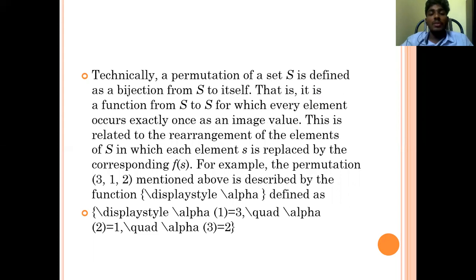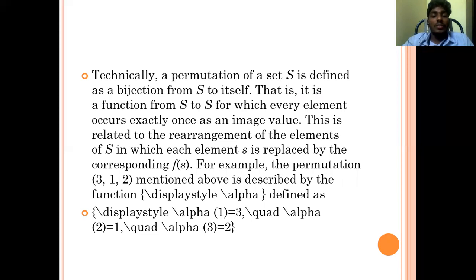Technically, a permutation of a set S is defined as a bijection from S to itself. That is, it is a function from S to S for which every element occurs exactly once as an image value. This is related to the rearrangement of the elements of S, in which each element s is replaced by the corresponding f(s).